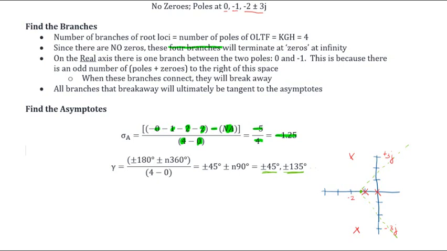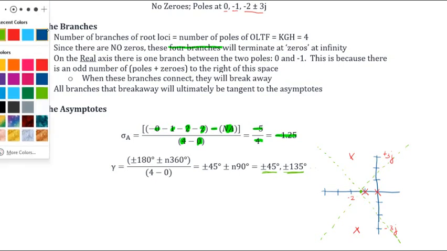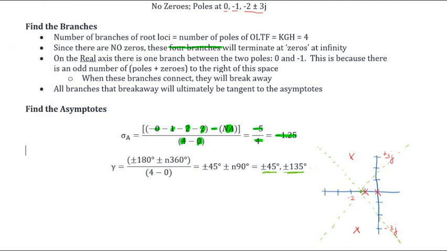The plus or minus 135 is going to be up like that and down like this. Basically a big dashed green X, and it should be easy to draw the root locus based on this.